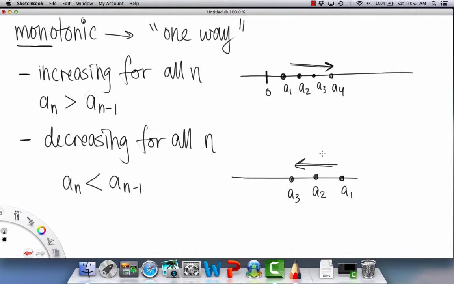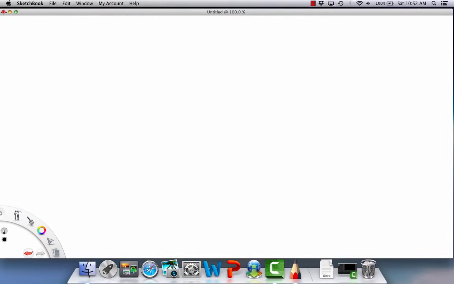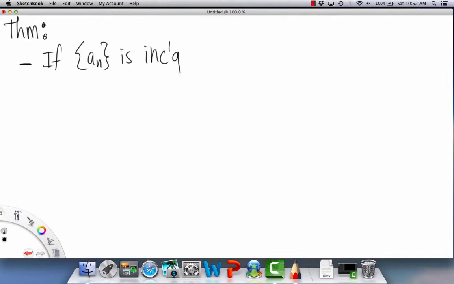Okay. So building off of this, we're going to explore a theorem. The theorem says there are two parts to this. The first deals with the increasing monotonic function, or sequence. So the first one is if our sequence AN is increasing, and AN is less than or equal to big M. Remember, this is called an upper bound.